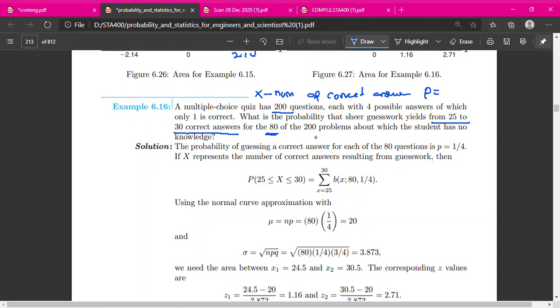It is 1 over 4. And what is your n? Sebab dia kata for the 80 of the 200, so n is 80. Because n is large, so kita kena buat approximation kepada Poisson ataupun kepada normal.